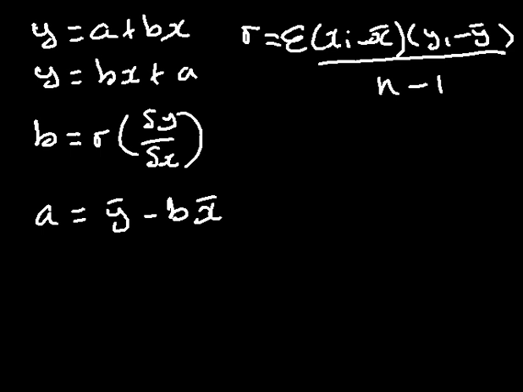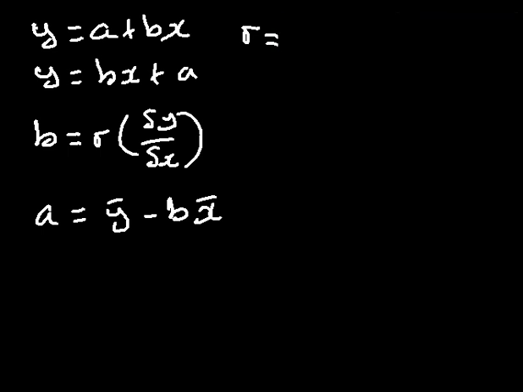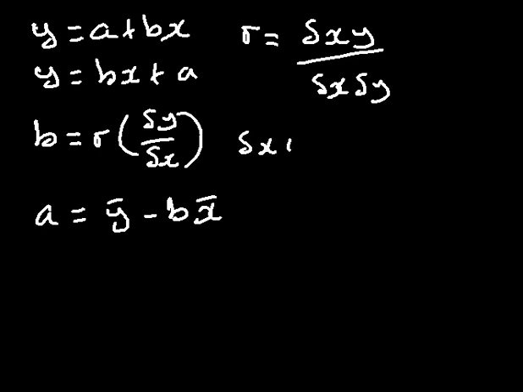And by the way, it should be: the correlation coefficient is given as covariance divided by the standard deviation for x times the standard deviation for y.